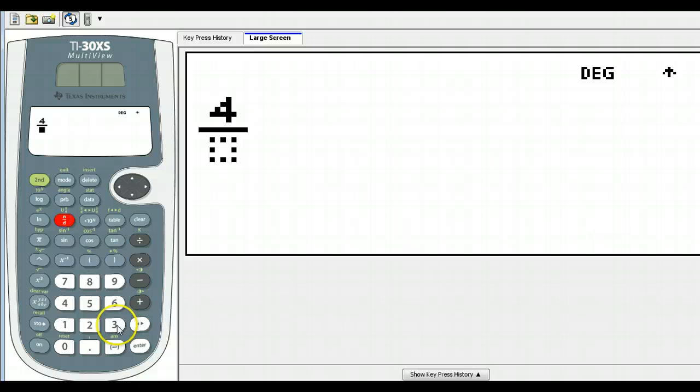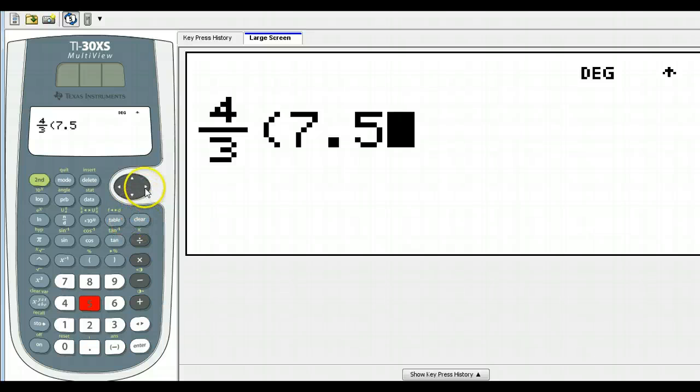Okay, 4/3 pi, I'm not going to put the pi in for now, times the radius cubed. So that's 7.5. To do the third, whoops, I need my parentheses first. 7.5. To do the third power, I hit the caret and then 3.